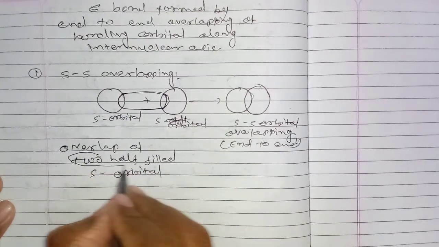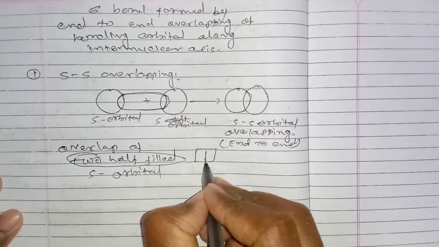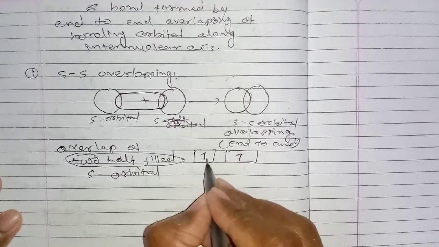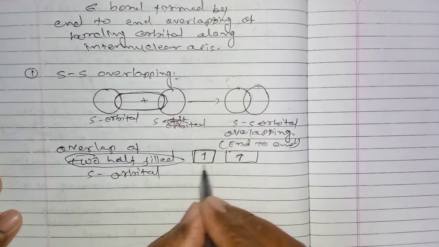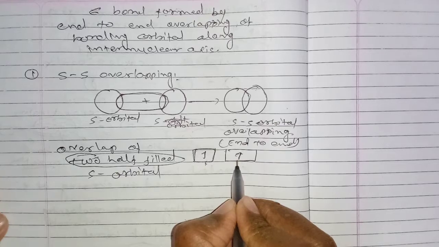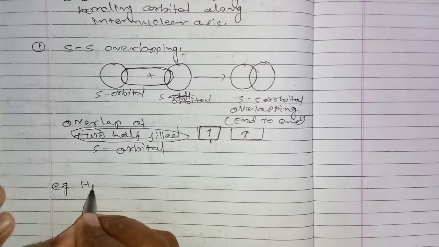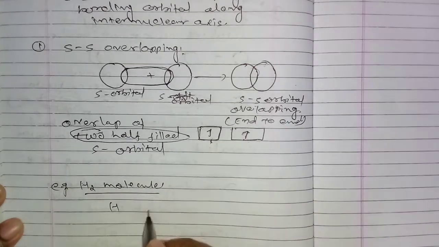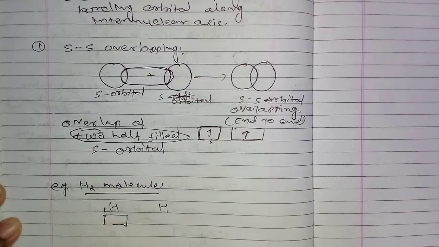Now what is meant by two half-filled? That means in the orbital there is a single electron, and the orbital having an unpaired electron participates in the bonding. For example, in a hydrogen molecule, two atoms of hydrogen have electronic configuration 1s1.